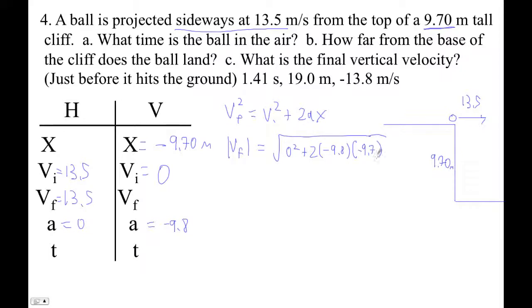Let's do that. Square root of, left parenthesis, 2 times negative 9.8 times negative 9.7, right parenthesis. That is 13.788.